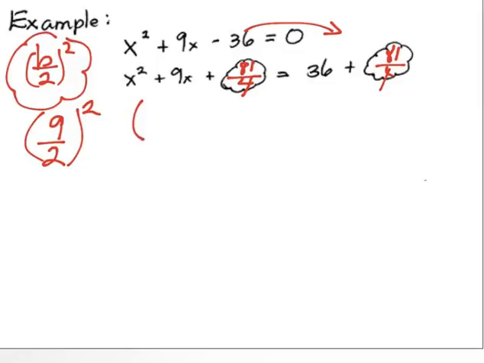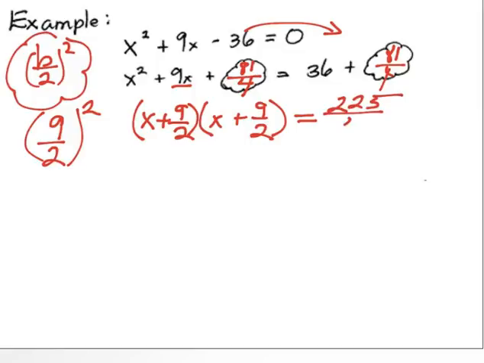Now, this is where it gets a little challenging. What was 9 divided by 2? 9 over 2. So that's what goes right here: x plus 9 over 2. Now I can go and get my handy dandy calculator and try this out, and I will realize that if I add 36 plus 81 over 4, I get 225 over 4, and I do not want to do decimals.